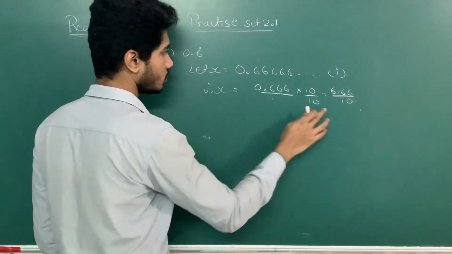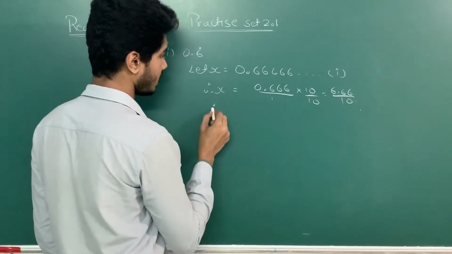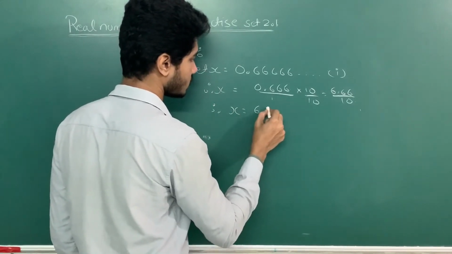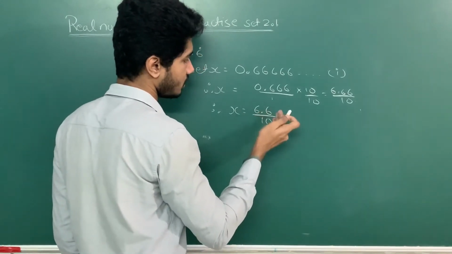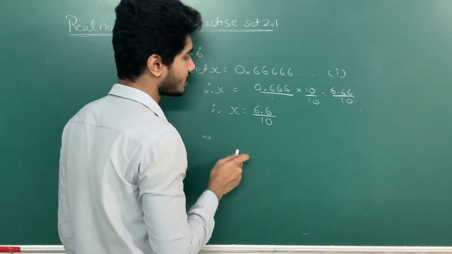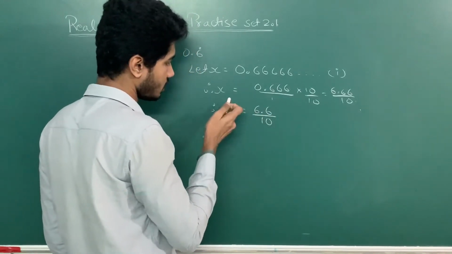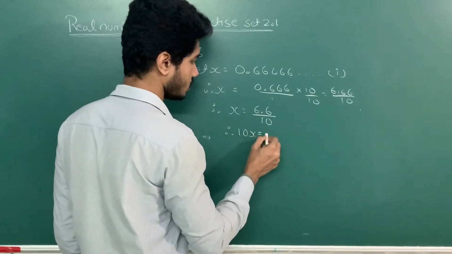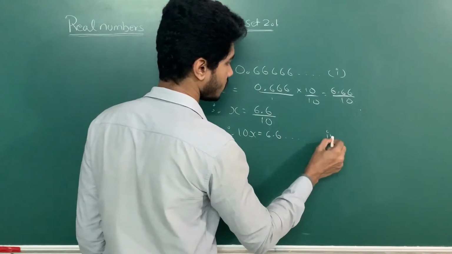Now you shift this 10 on the left hand side, that is x is equal to 6.6 upon 10. So you just write one decimal, so 6.6 upon 10. So you shift this 10 on the left hand side, so you get 10x is equal to 6.6. This becomes your equation number 2.